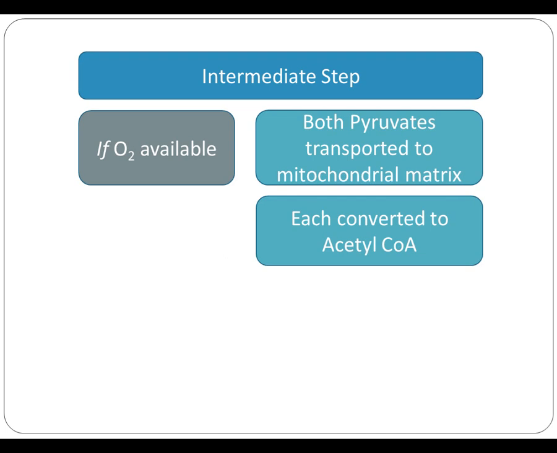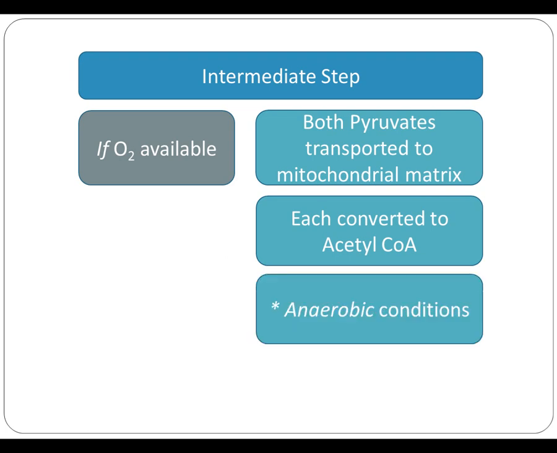The pyruvic acid molecules will be processed, and since we're messing with them, they're turning into new molecules. The new molecules that they're transformed into are called acetyl-CoA, acetyl coenzyme A. This, what I'm referring to as the intermediate step, also does not require oxygen to occur.